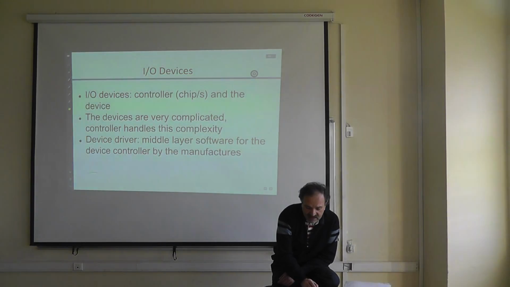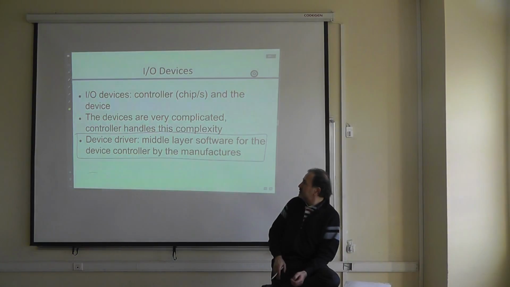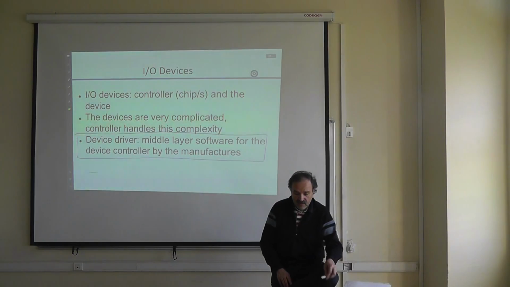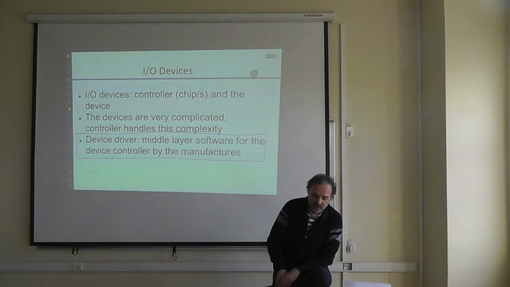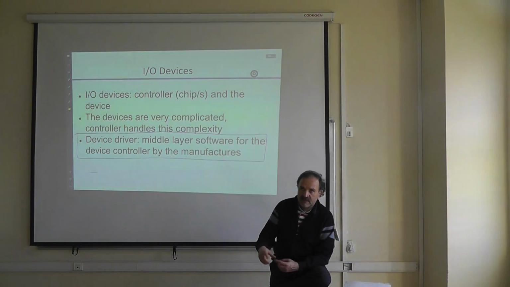And it does this by using this special software called device driver. Device driver is a middle layer software for the controller provided by the manufacturer. The manufacturer produces the hardware, for example, let's say a printer, and the printer has an interface.